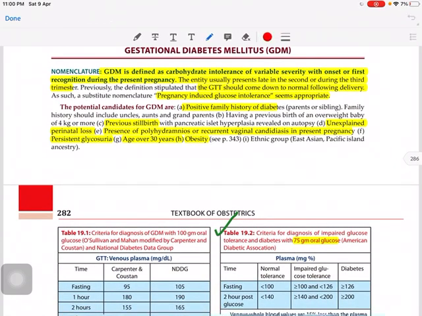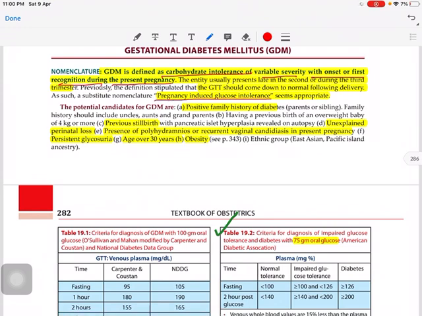So gestational diabetes is defined as carbohydrate intolerance of variable severity with onset of first recognition during the present pregnancy. So it is detected during the present pregnancy, and it has occurred due to the present pregnancy. If it was present earlier and detected now, it still counts as overt diabetes.